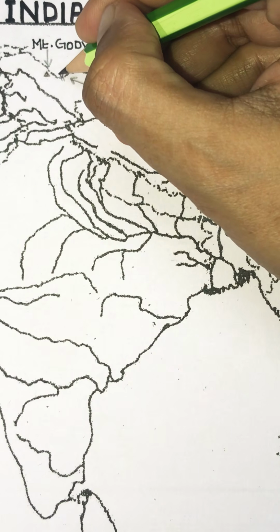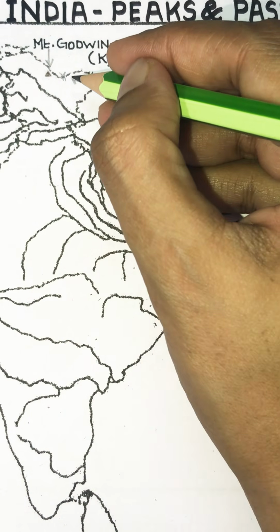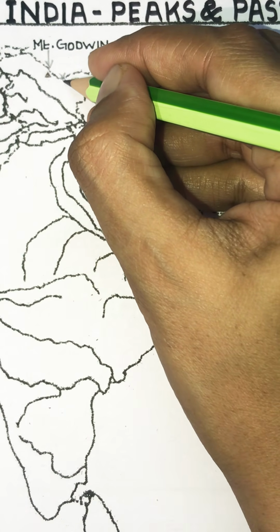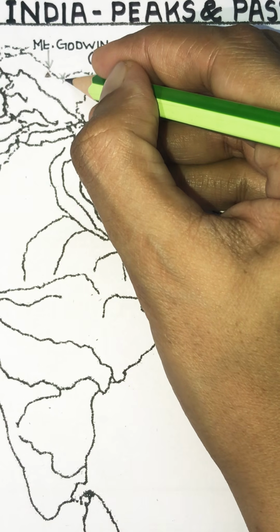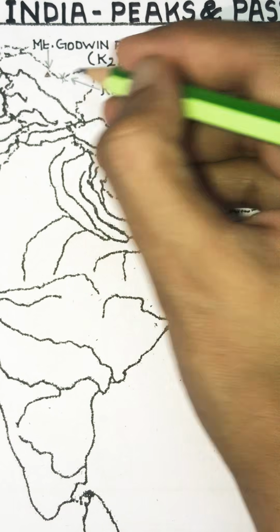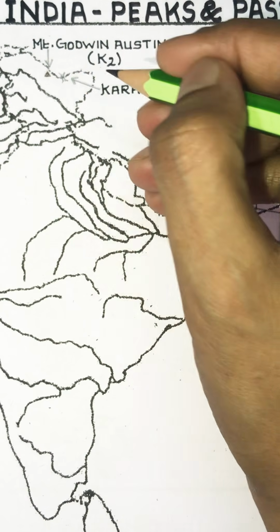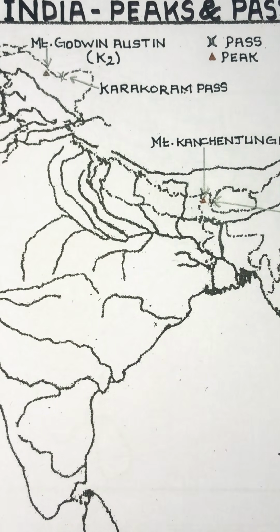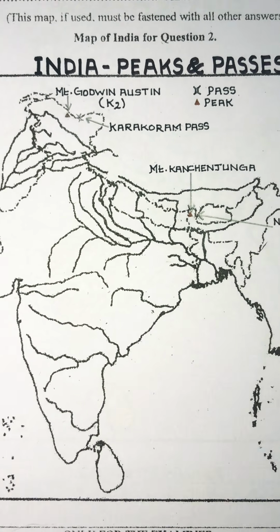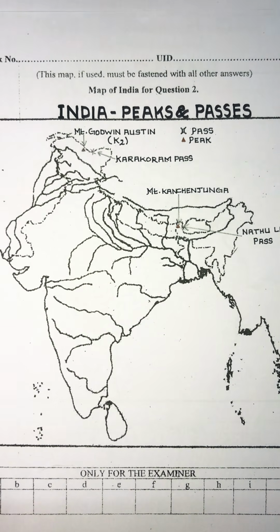Now please pay attention how the pass is being made. It should not be very big. So here you can see that I have made the pass. You can make the pass with a pencil, a sharp pencil or a red pen also. Right. Now let's come to the second pair of peak and pass.